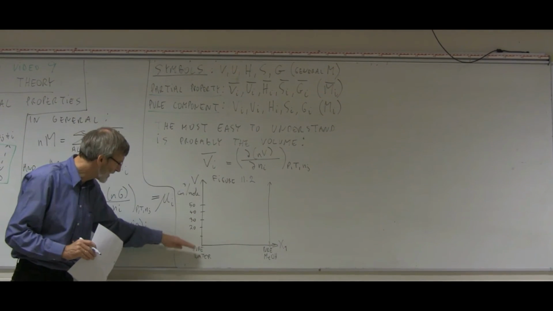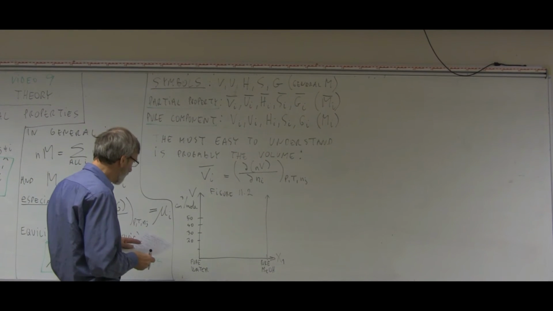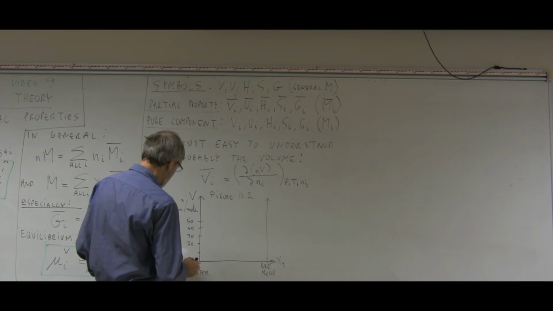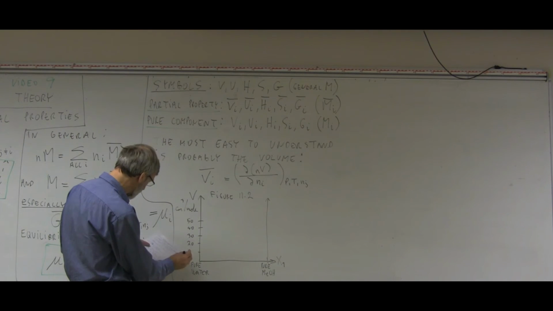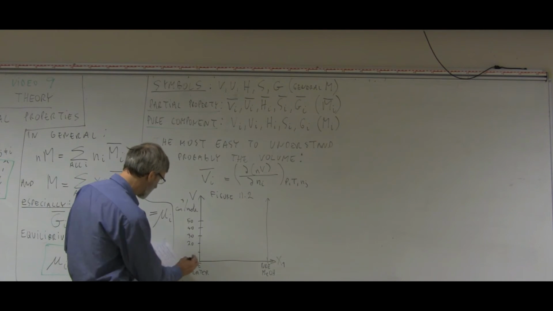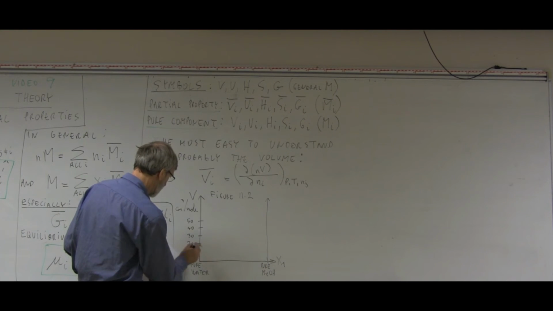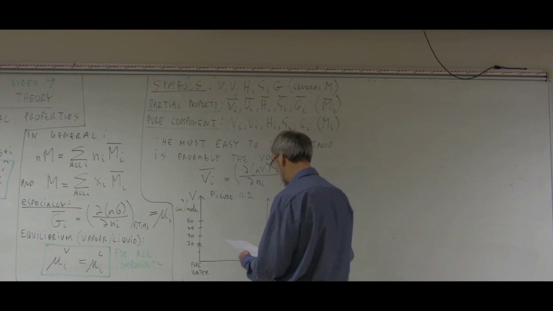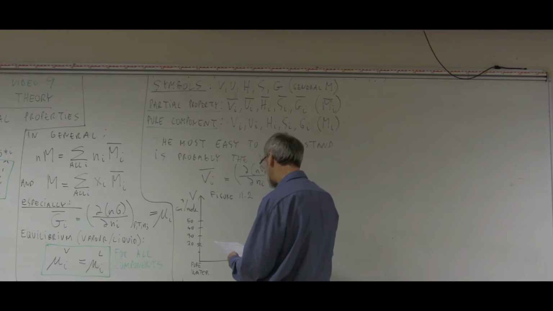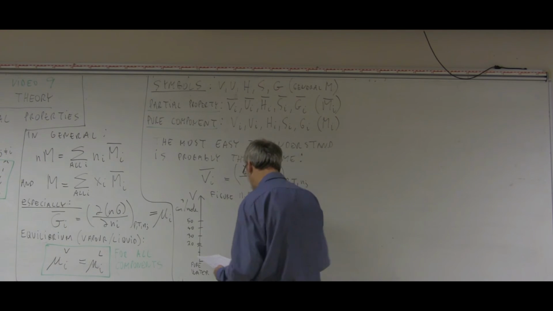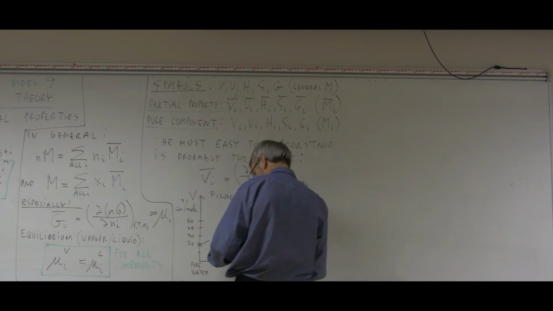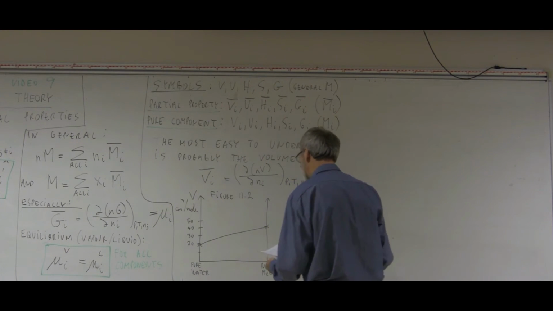Volume is a quite easily measurable quantity, and if we have one value here and another value here, we have a straight line here.